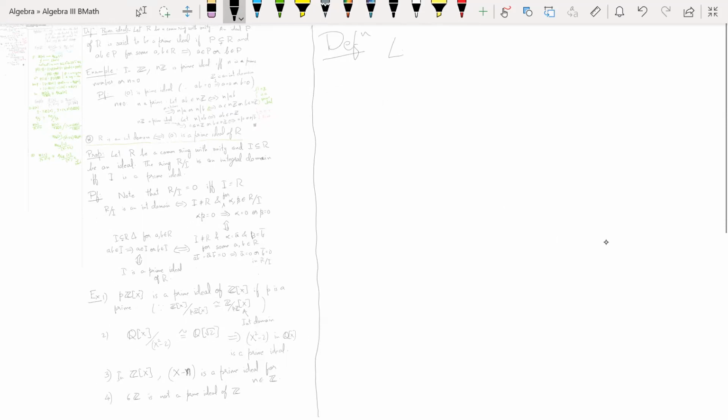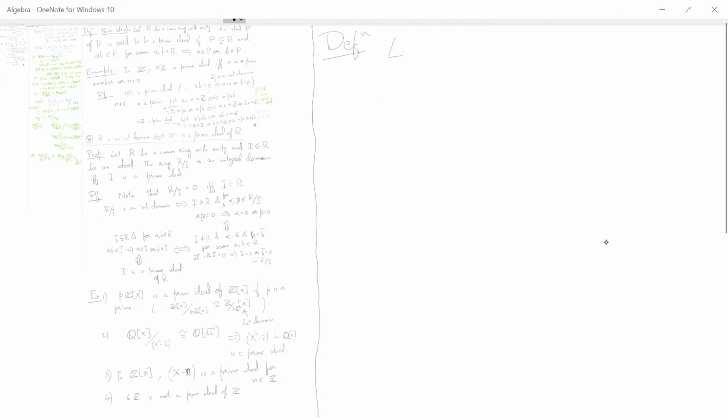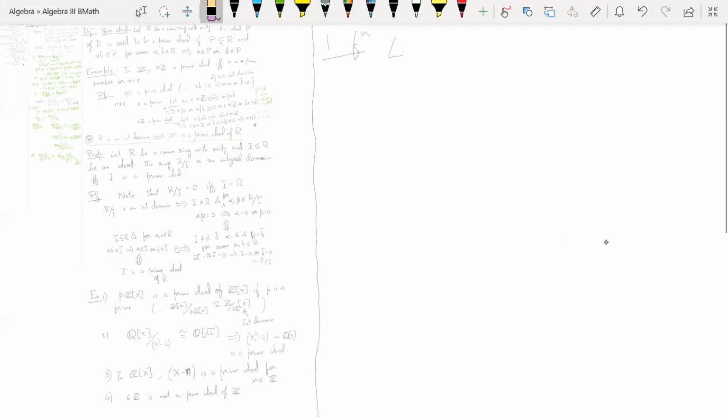So now I'm defining maximal ideals. Definition: maximal ideals. As I said, many of these definitions can go through even for non-commutative rings.